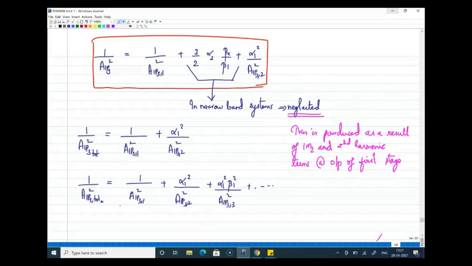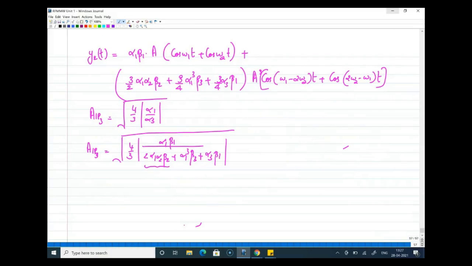I hope this is clear, and hence I can say that in narrowband systems, the alpha 1, alpha 2, beta 2 term can be neglected. So I am neglecting it with proper reasoning, right?